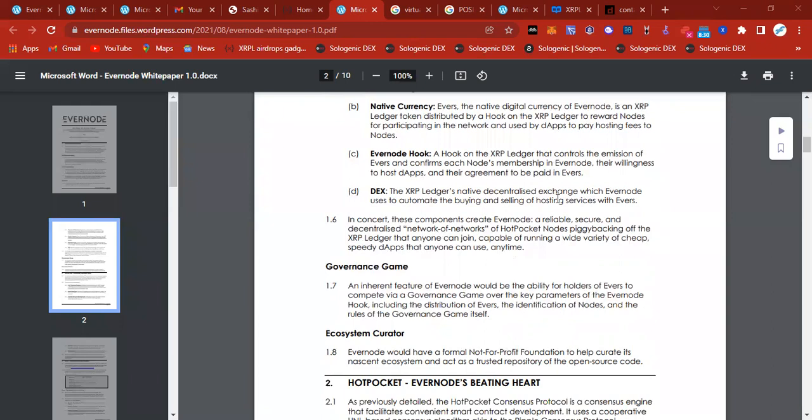This is the smart contract that really is going to be controlling the emissions, tracking a lot of information about these decentralized applications, because in a nutshell, Evernode is really going to help.